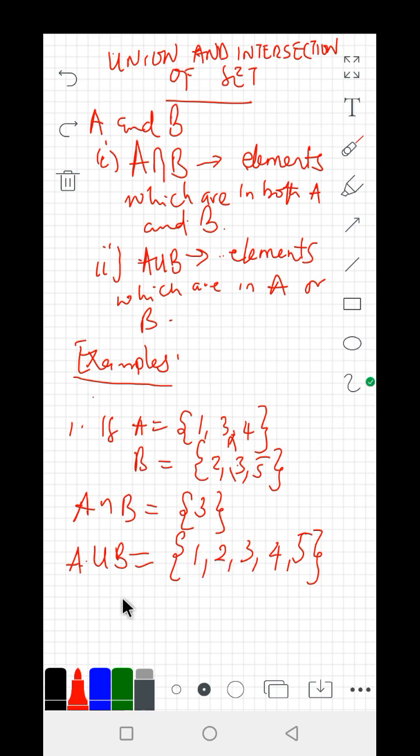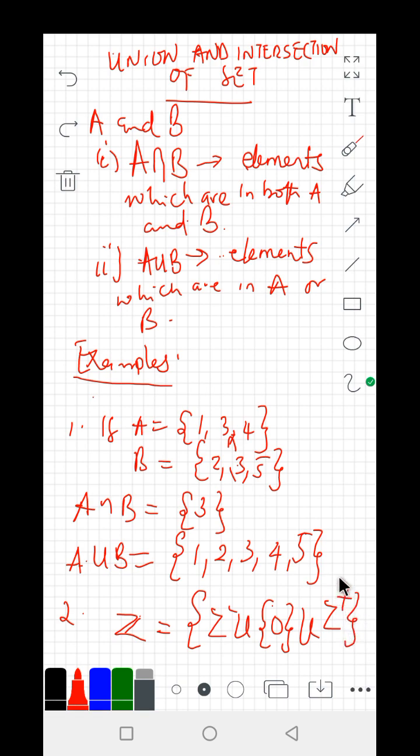So we can write another example to illustrate this: the set of integers is made up of negative integers, union 0, because it also contains 0, and union positive integers. Okay, so that's where we will stop today as regards an introduction to sets.